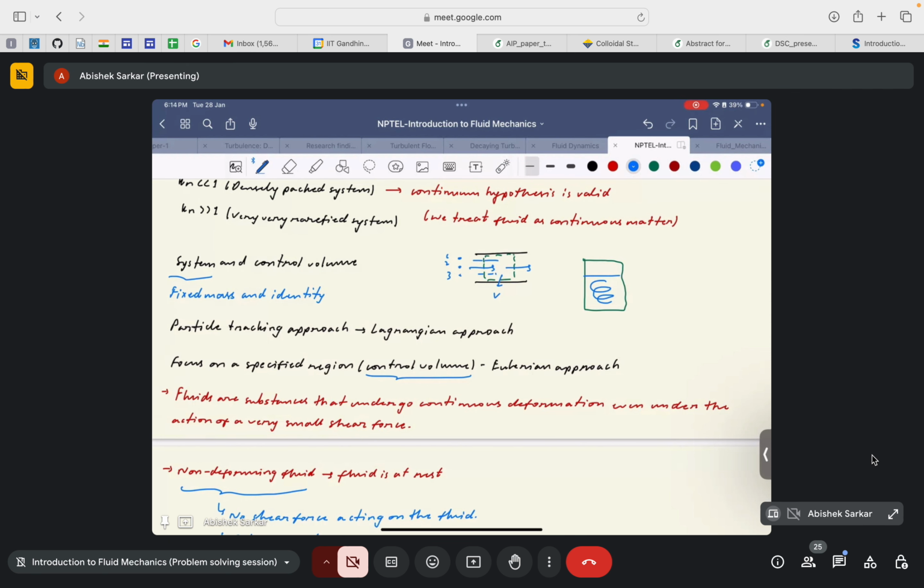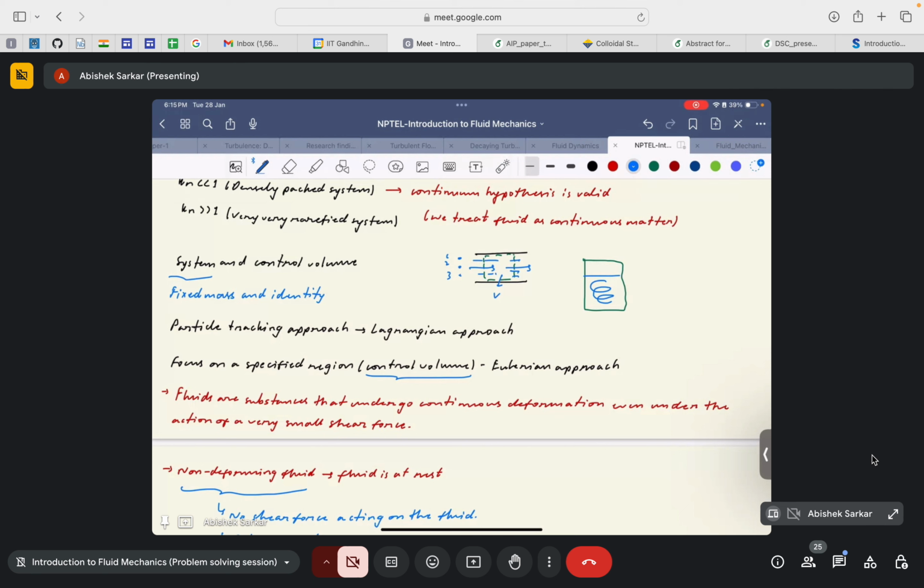You have to follow them even after they have crossed this control volume, and that does not come into relevance in the case of the Eulerian approach. Once it goes through this control volume, we are not at all interested from the Eulerian perspective, but in the Lagrangian approach we will still follow these fluid molecules and try to understand how, even after passing through this region, they have their effect on the control volume.